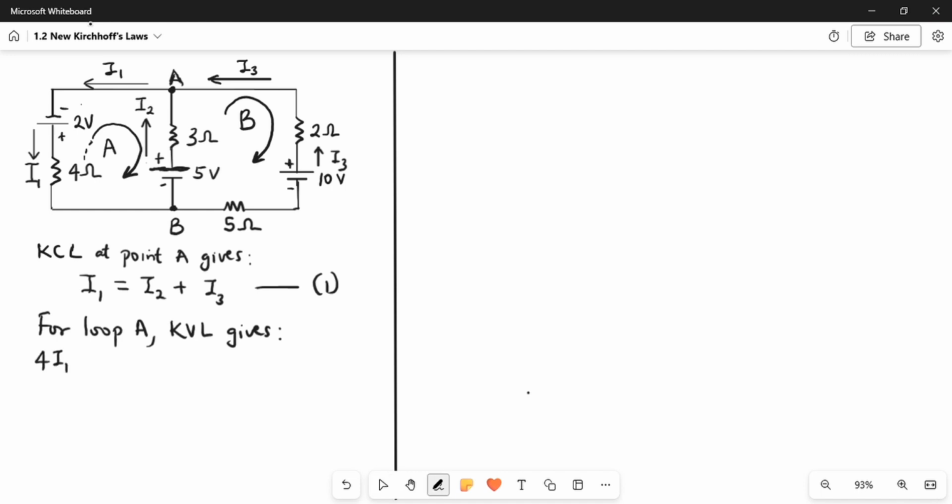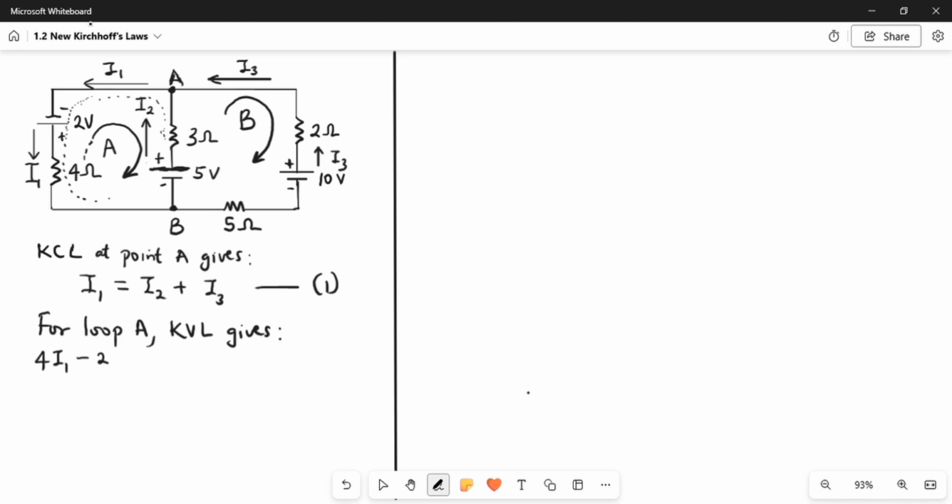Then on getting to this point, remember we are moving clockwisely. Let me use a dotted line. So in this case, we get to this battery and we are coming out, we are exiting through the negative terminal. So the potential there is going to be negative. So we say -2. We move round to this component.